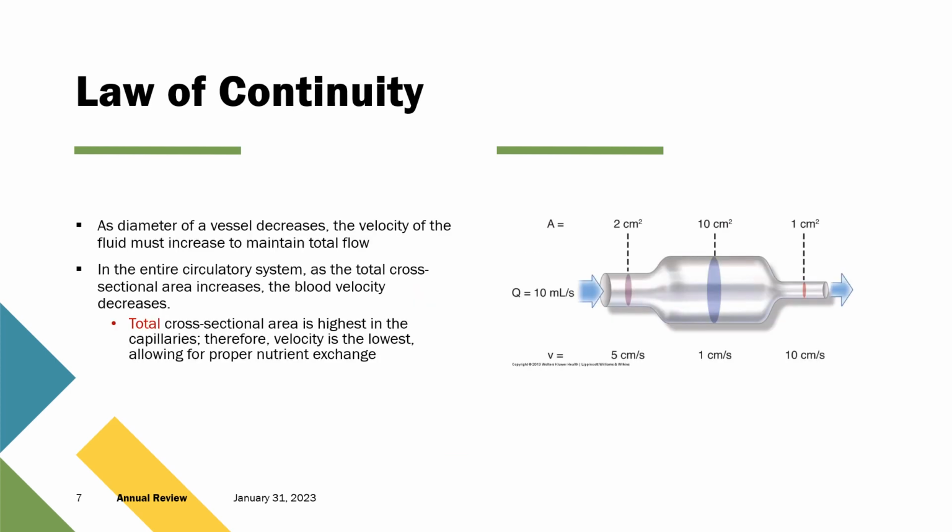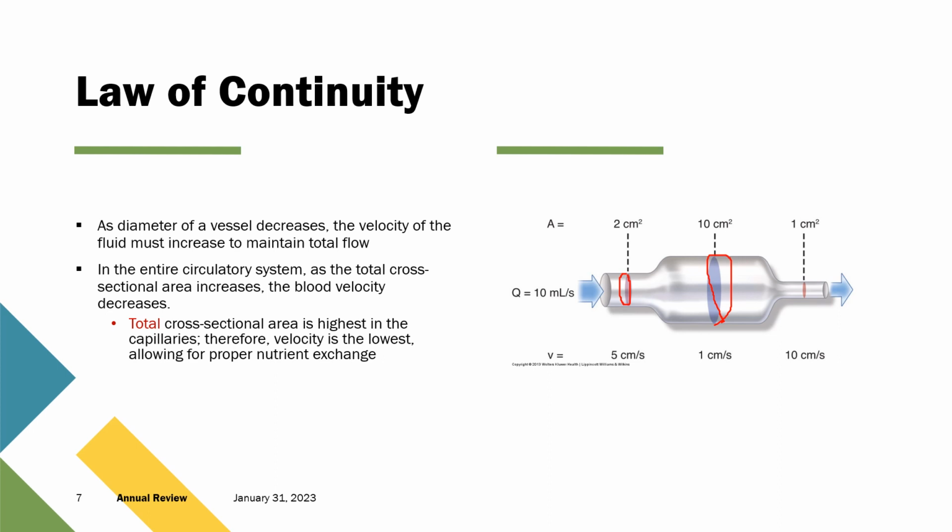Now, the law of continuity is a really important law when it comes to what we're looking at with stenosis and atherosclerosis and things like that. So the law of continuity goes in support of Bernoulli's principle. It says that whether I have a small diameter vessel or tube or a large diameter vessel or tube, I will still have to move the same amount of flow despite having more room over which to do so.